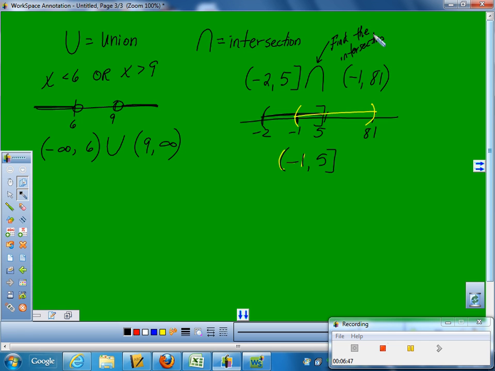They may give you a problem with a U in it, union, so they want you to find what you get when you join the two sets together. You'll have an answer from here to there when you union them together. That's all that little piece of paper right here is. Unions and intersections, same stuff.